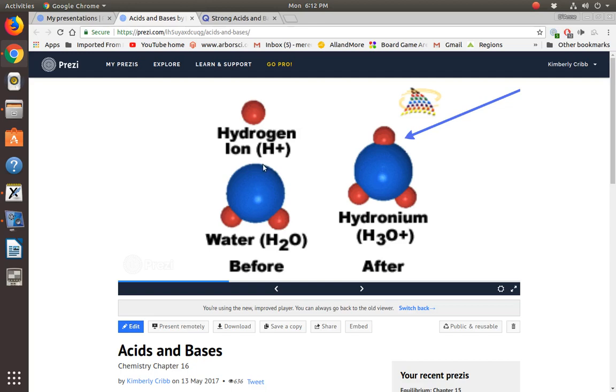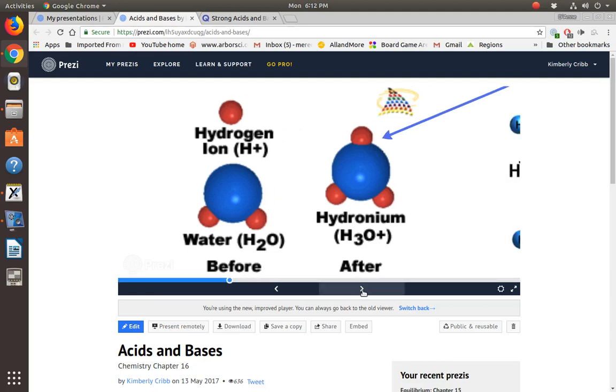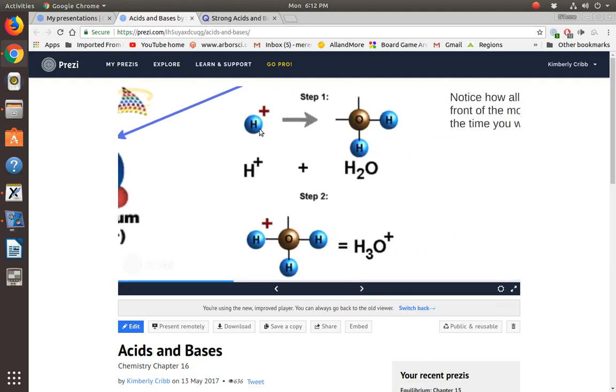Now remember that water's polar. So this side, this is the oxygen side. The oxygen side of water is negative. So the positive hydrogen joins the negative side of the water to form this hydronium ion very quickly. So this is again hydrogen and water, they come together to form hydronium ion.